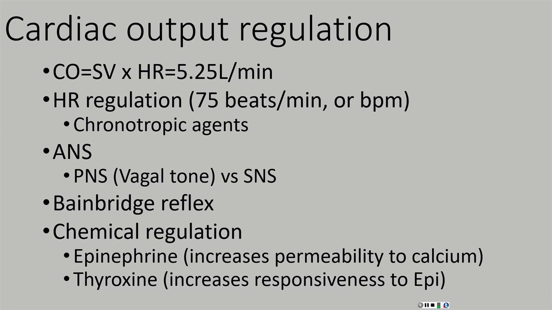But the Bainbridge reflex is a reflex in which when blood comes back to the heart faster than it was, the atria get stretched. We say when there is an increase in venous return. That's a word we're going to hear a lot. Venous return, the amount of blood coming back to the heart. When there is an increase in venous return, those atria are stretched. And when the atria are stretched, that activates the sympathetic nervous system. The sympathetic nervous system responds by increasing the heart rate.